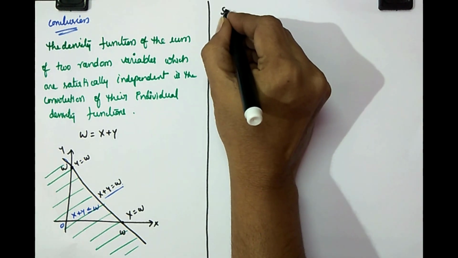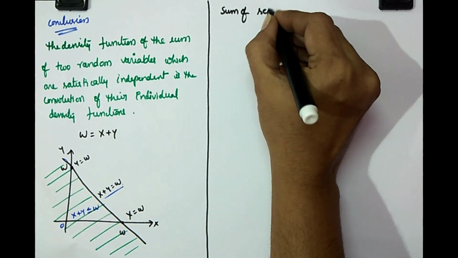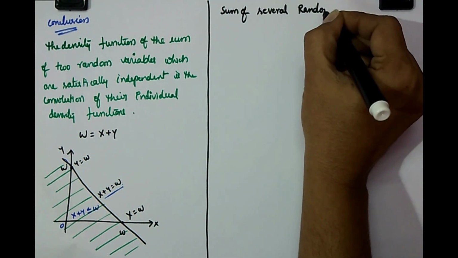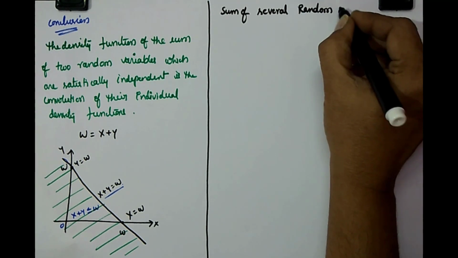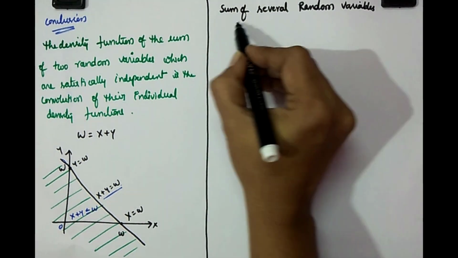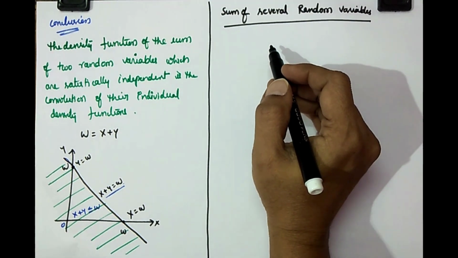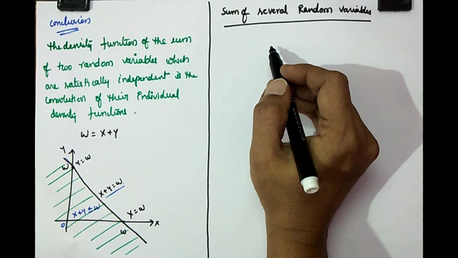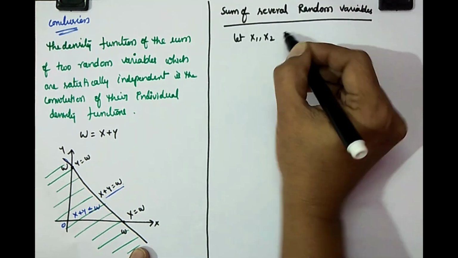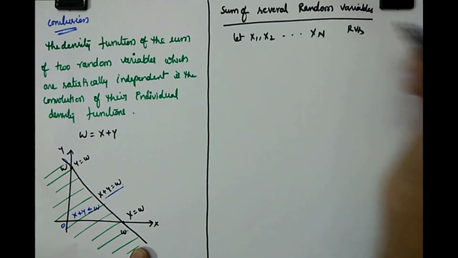Now we'll extend this concept to the sum of several random variables. Let x1, x2, etc. xn be the random variables.